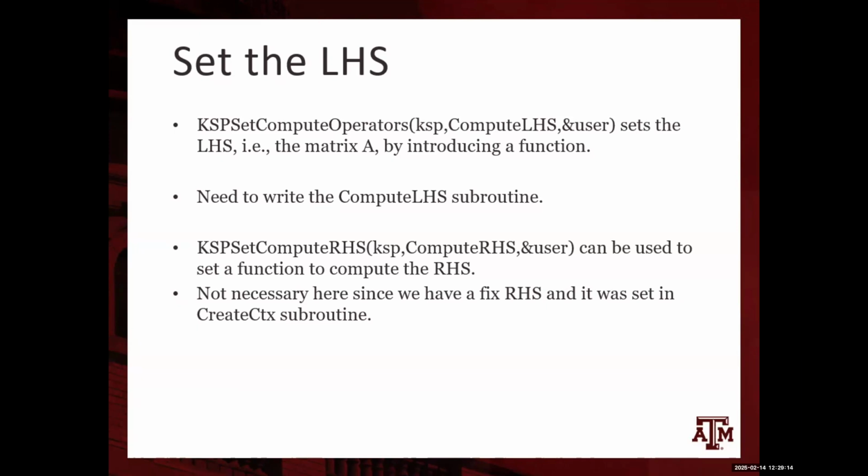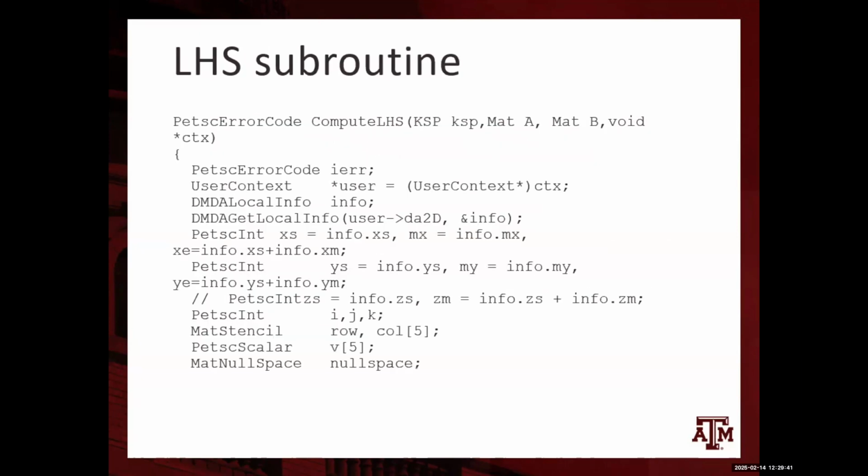We can also use the KSP set compute right-hand side and have a function to calculate our right-hand side, but because it was known and it was a single value, we don't have to do that. We have already set the right-hand side F in our create CTX. Okay, so let's start the subroutine.